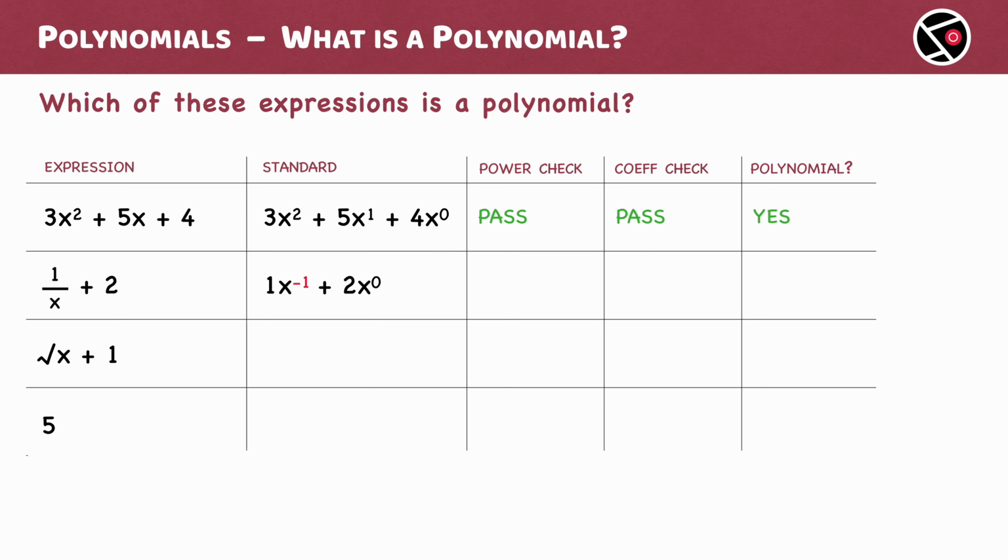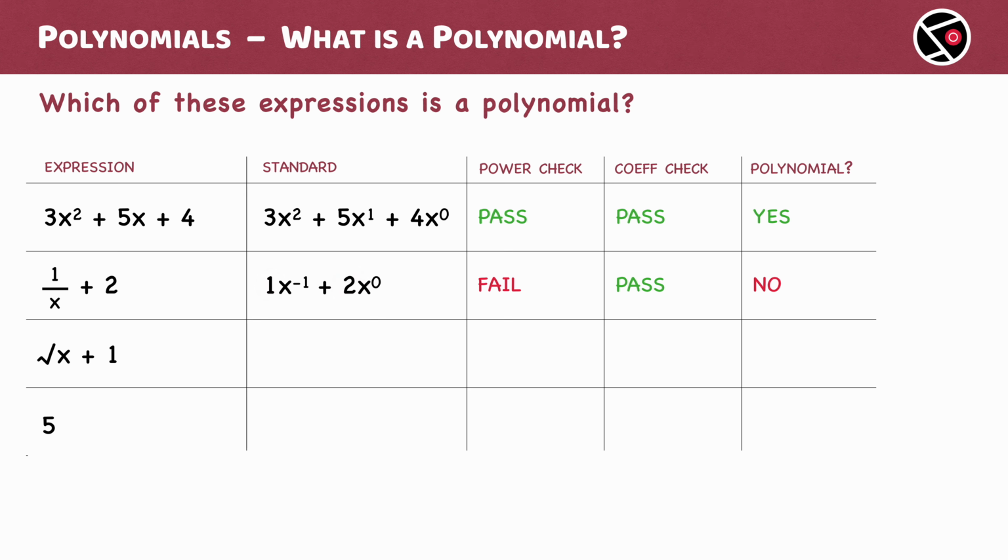Rule 1 is not satisfied, and therefore this expression is not a polynomial. The coefficients are 1 and 2, both real numbers. So, Rule 2 is satisfied. But here, since Rule 1 failed, this is not a polynomial.